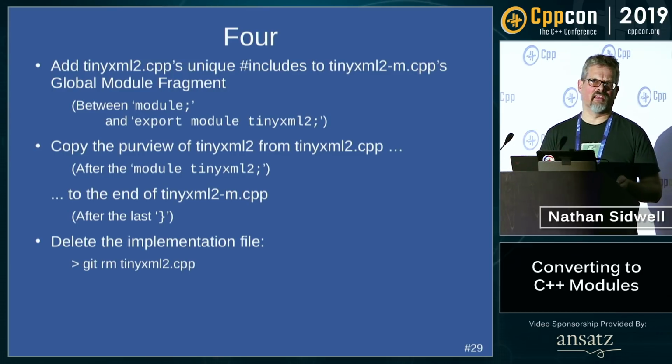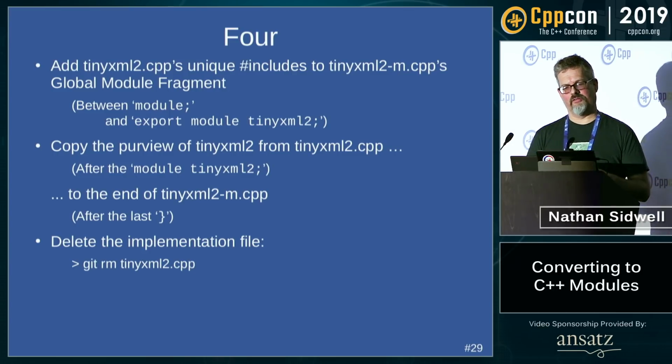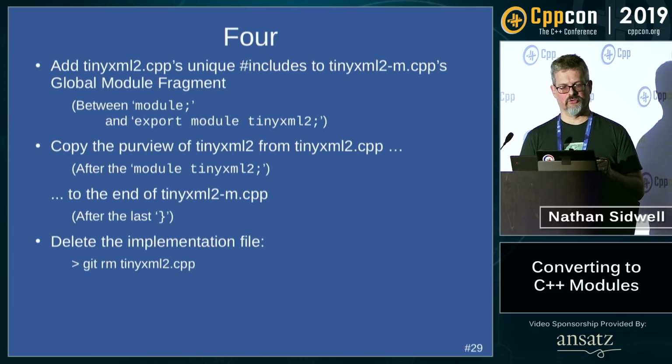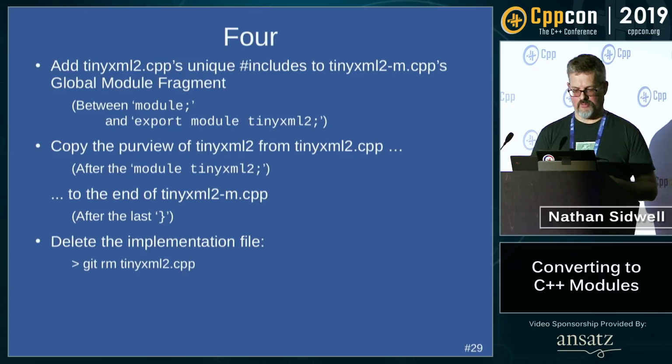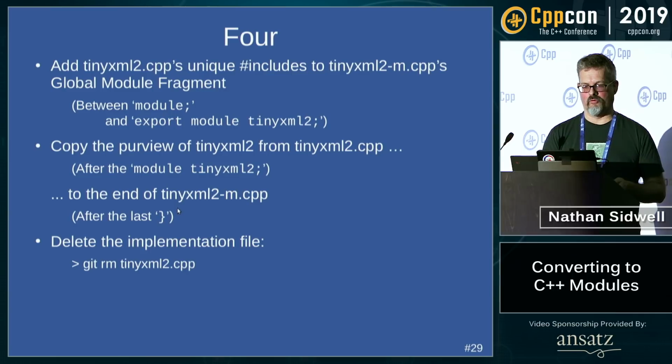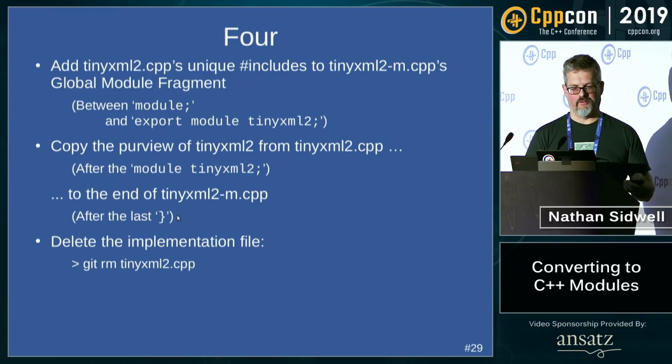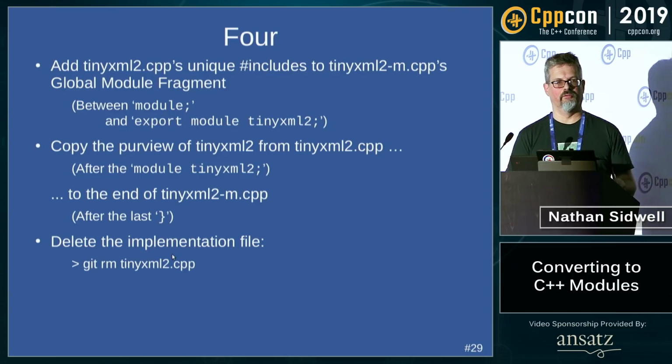I think there was one, I think it included new or something, I'm not sure. And then everything in the implementation file after the module declaration, which is part of the implementation of the module, we just copy all that text and stick it after the closing squiggly brace of the big export block that we created. And then we can delete the implementation file.